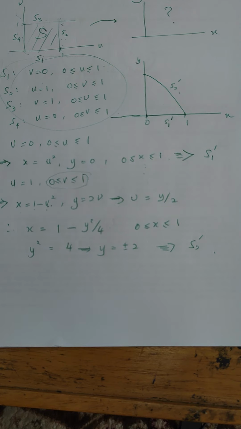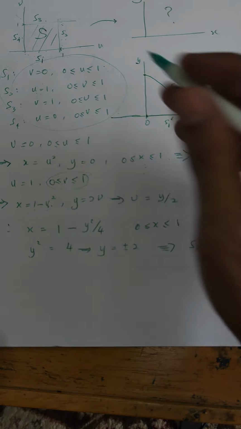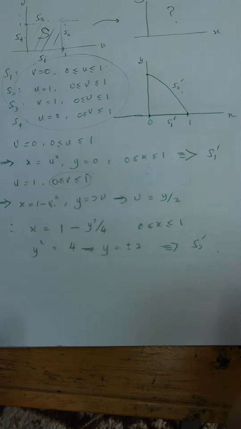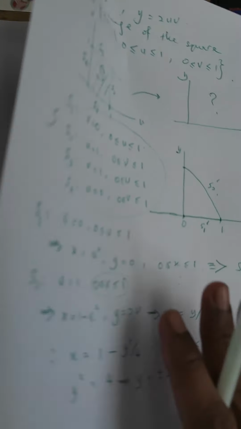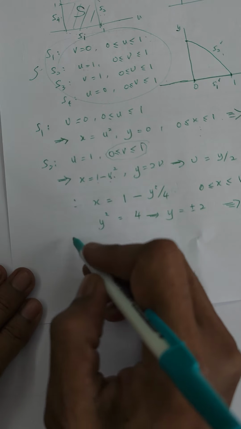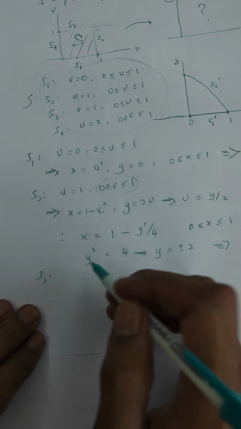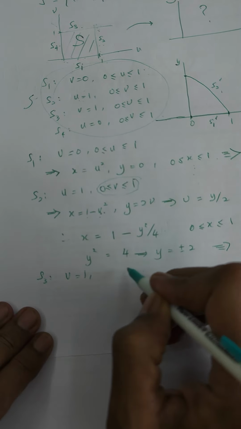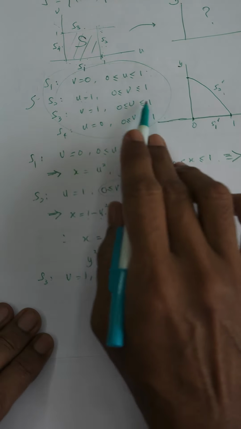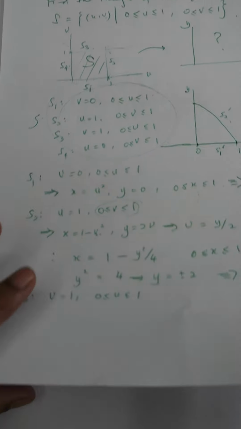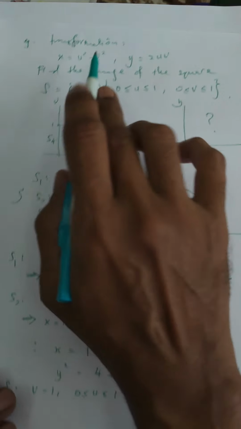Then we consider the third edge, S3. For S3, we define V equal to 1 and U from 0 to 1. We do the same thing, substituting V into the transformation.